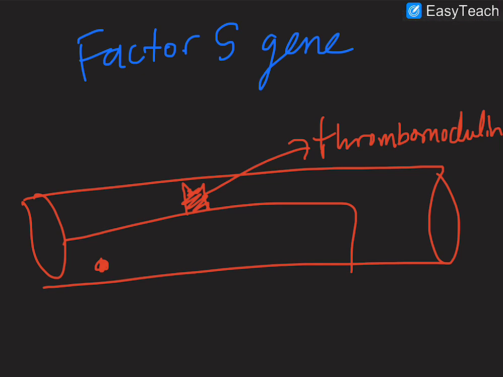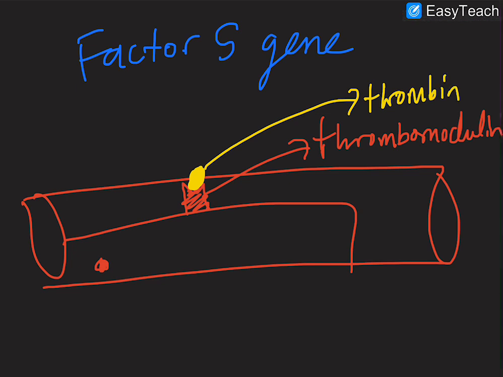On thrombomodulin, when thrombin binds here, so activated factor 2, the function of thrombin changes when it binds onto thrombomodulin.